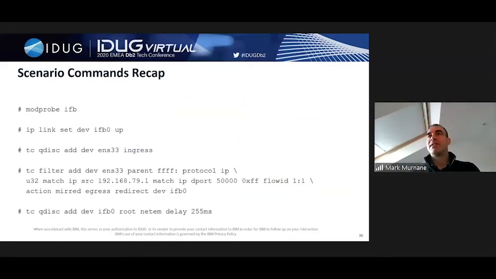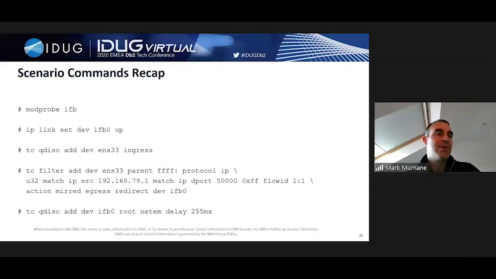So to finish up the scenario, let's review the commands that we used in this section. While it took a couple of slides to explain it, you can see that it's, relatively speaking, only a few short commands to implement. So the first step was to enable the IFB device using modprobe IFB. The second step was to bring up an IFB network device so that we could apply TC rules to it.